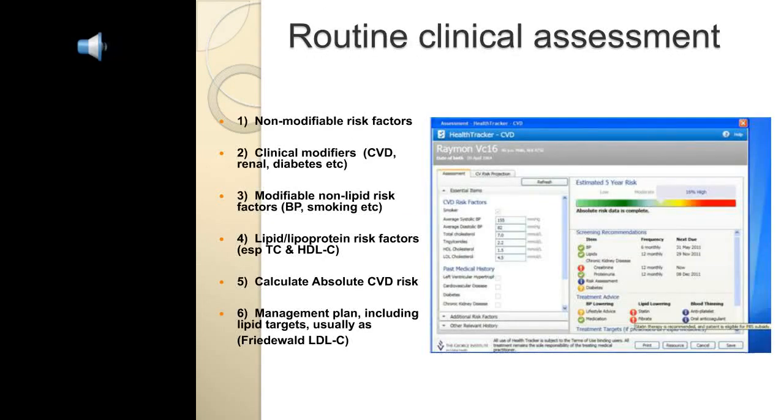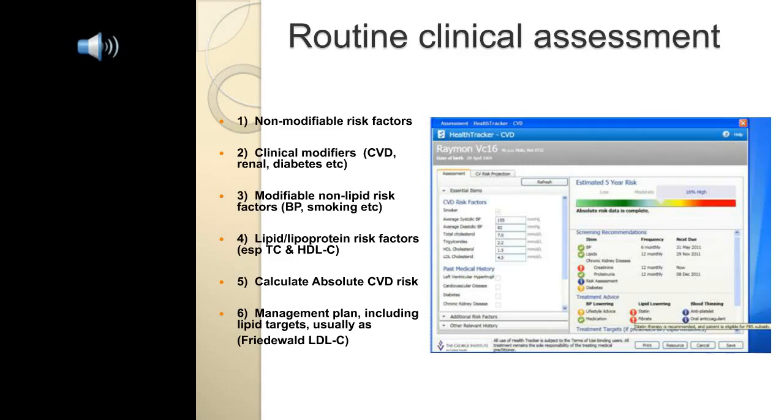So we try to approach each individual patient with a standardized approach which would allow us to calculate their absolute risk of a cardiovascular event in the next 5 years.